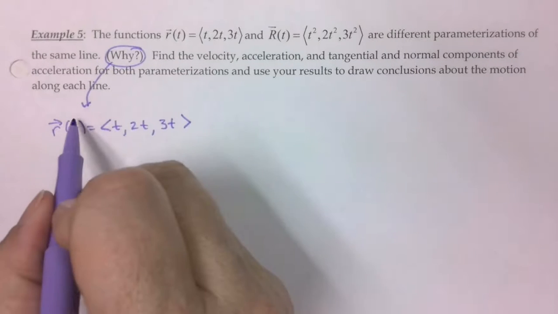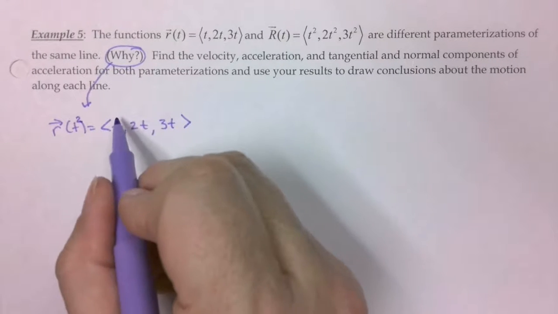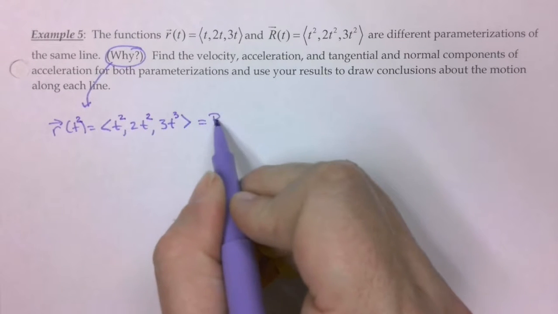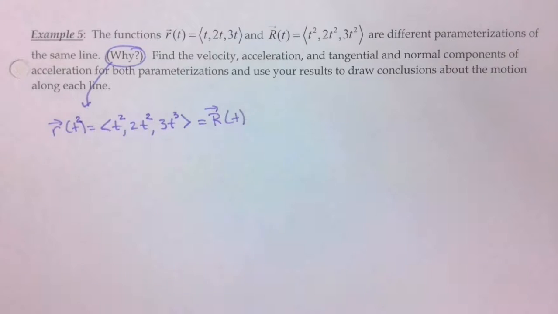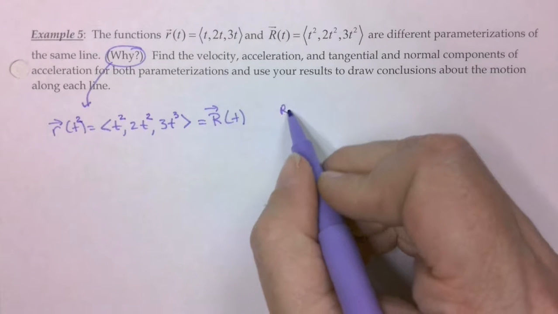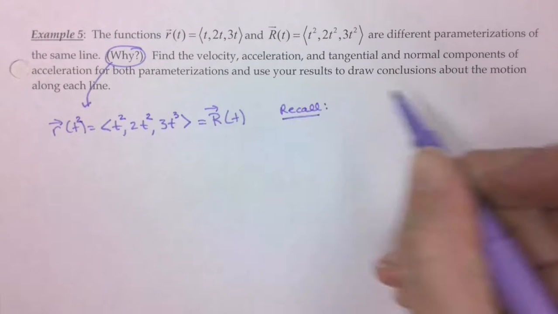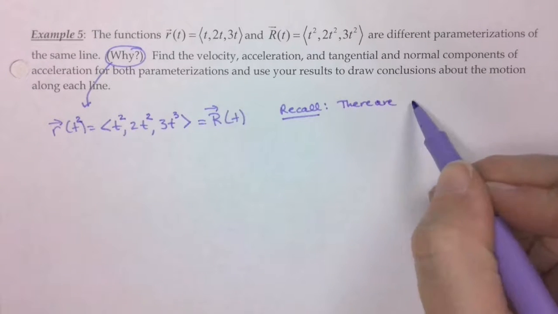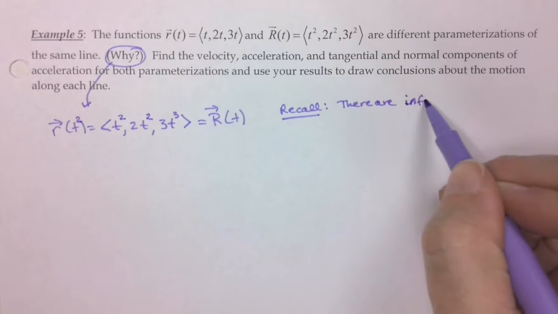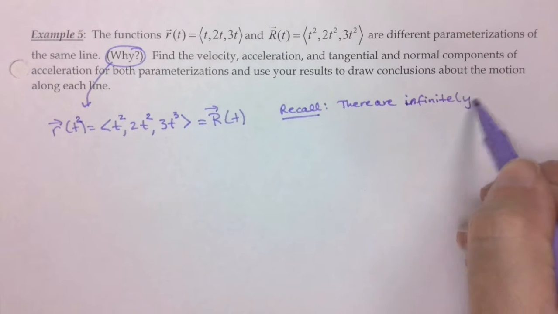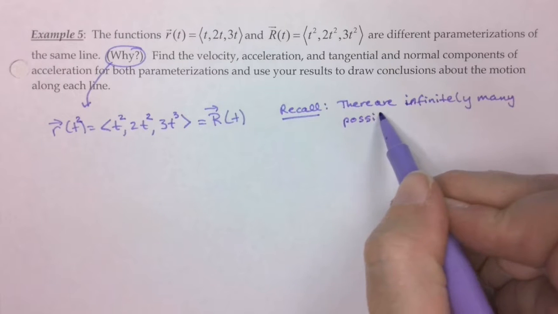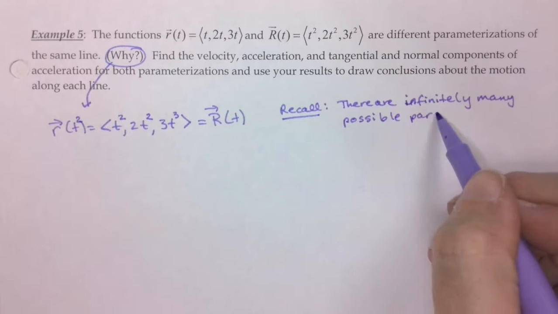If I made it R of t squared, that would be t squared, 2t squared, and 3t squared, which is what capital R of t is. So recall, there are infinitely many possible parameterizations for the same curve.